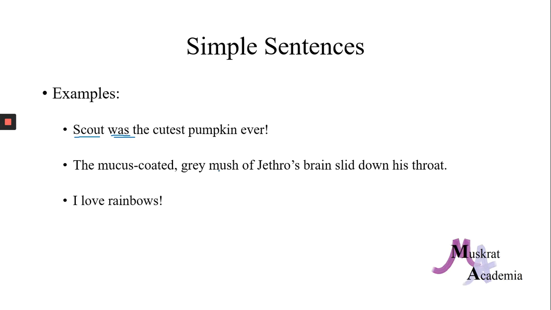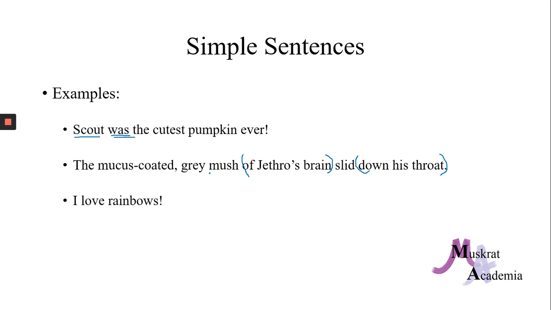The mucus-coated gray mush of Jethro's brain slid down his throat. What is our subject? Actually, I apologize. We should start with prepositional phrases, because that helps us, because our subject is never in the prepositional phrase. You know that our subject is not going to be brain and it's not going to be throat, because those prepositional phrases are out. This is noun of the preposition, noun of the preposition.